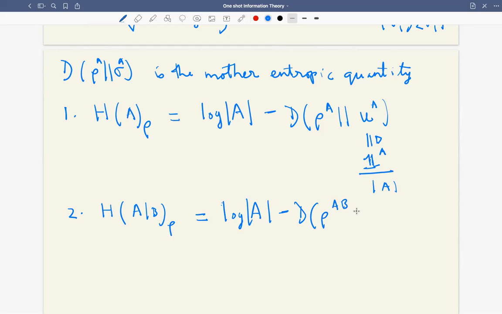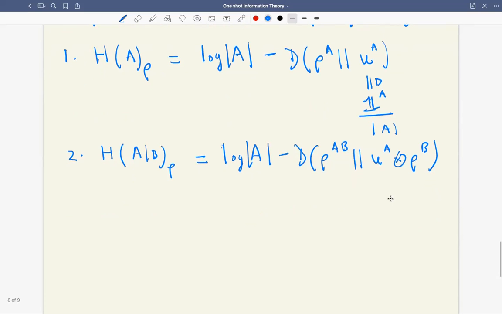Note that I'm not assuming that rho AB is pure. This is true in general. It is the log of the dimension of A minus the relative entropy of rho AB with respect to U_A tensor rho B, exactly analogous to what we did last time. Rho AB is a joint density matrix. U_A is the completely mixed state, the uniform probability distribution, identity on the system A divided by the dimension of A. Tensor rho B, the marginal density matrix on B.